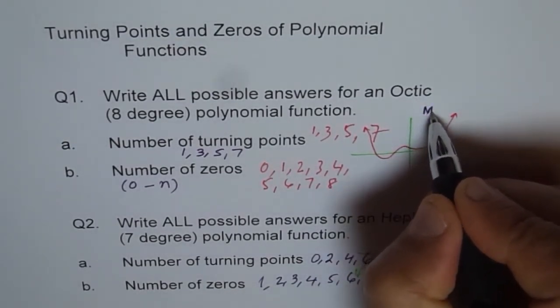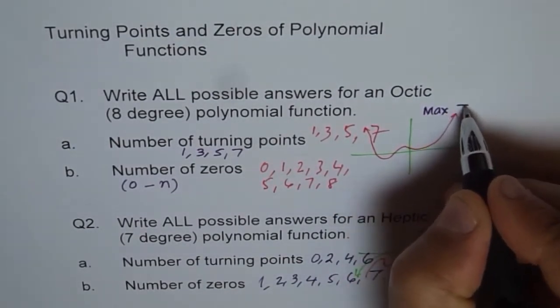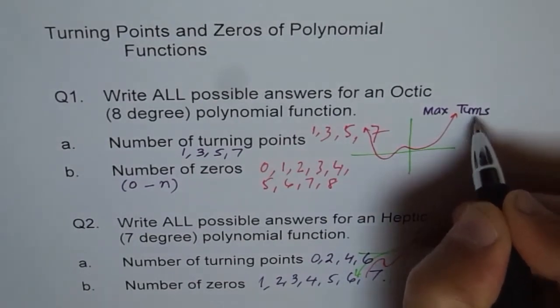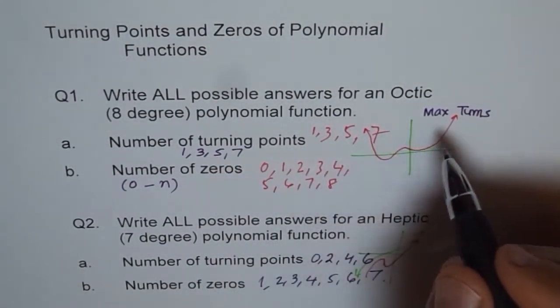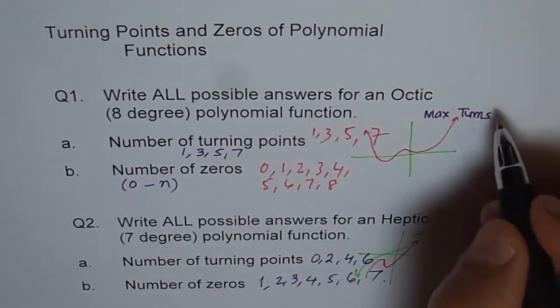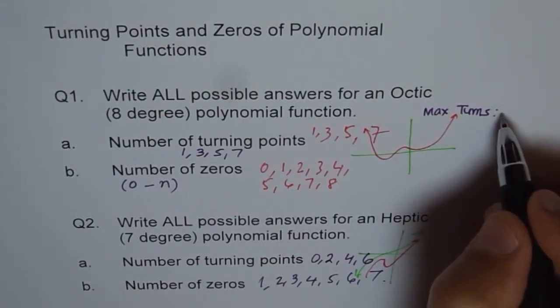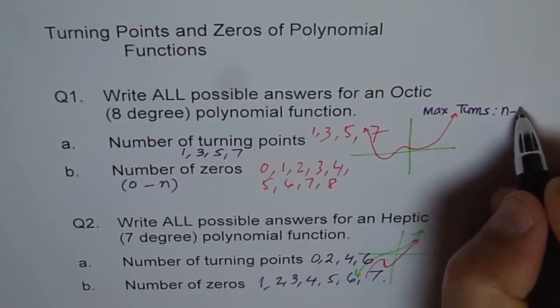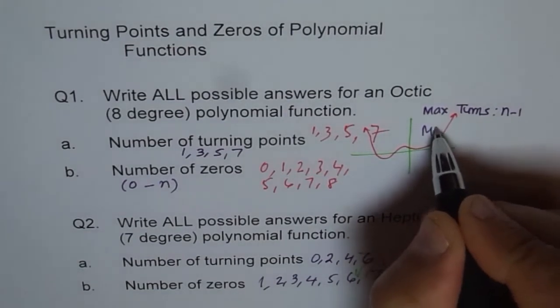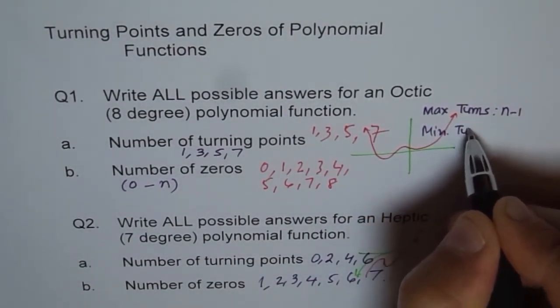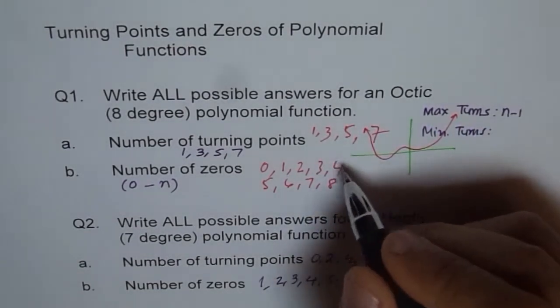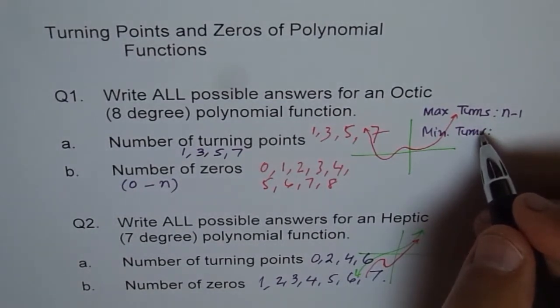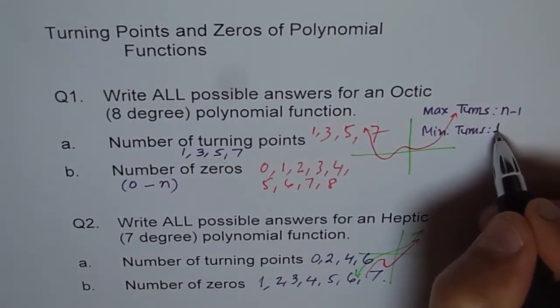We'll write maximum turns. How many are they for an octic? The maximum turns are n minus 1. And the minimum for an octic is that it has to turn at least 1.